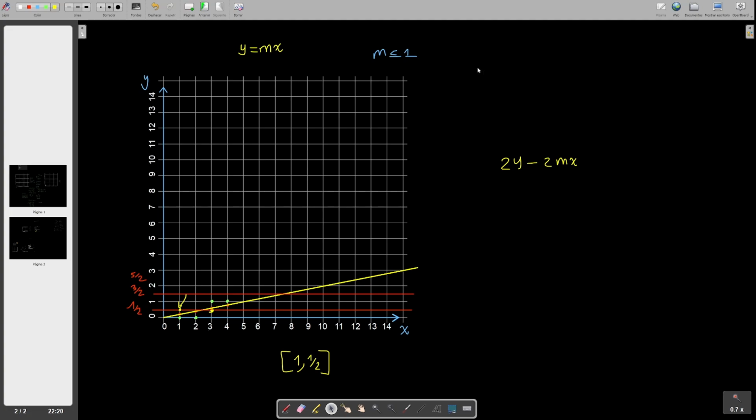So now if I evaluate the first point on it, I'm gonna have 1 minus twice the slope for this first point, and it's going to be positive. And if I evaluate the next point, then it's going to be 1 minus 4 times the slope, and for the third one it's going to be 1 minus 6 times the slope, which is going to be negative, because at the end any x I'm just multiplying it by 2.